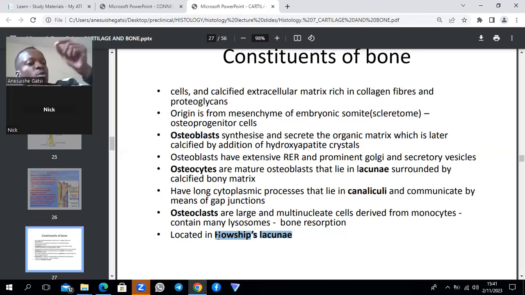But in reality, the cell that creates the bone is the osteoblast. So after an osteoblast lays down the bone, it becomes an osteocyte. So an osteocyte is just a mature osteoblast that you now find in a lacunae surrounded by the bone it would have secreted. So osteoblast secretes bone.